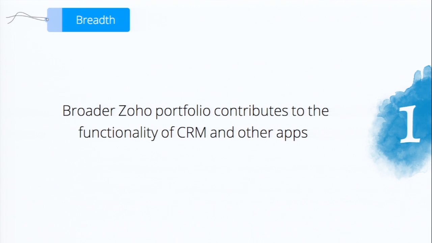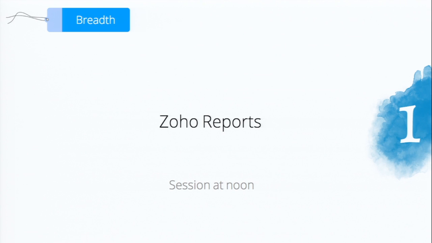And then the broader Zoho application portfolio also contributes to the breadth of the product, the broader features that the product offers. Like Zoho Reports. We did a business intelligence tool. Now that integrates into the CRM system, broadening the features that we offer.